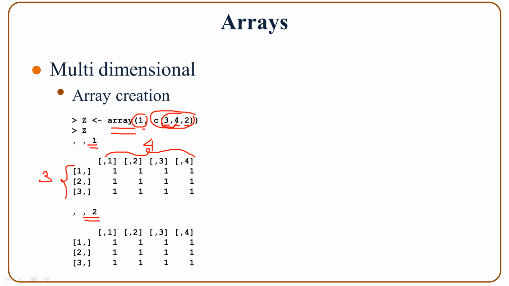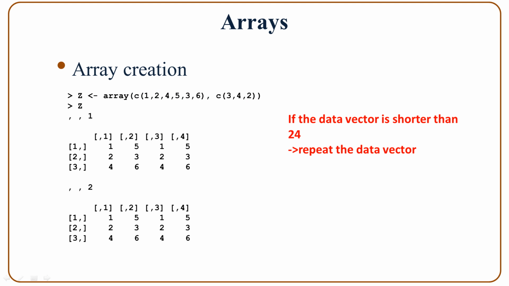In the second example, you give array a different kind of data. You give it a vector, and this vector contains 1, 2, 4, 5, 3, 6. So basically 6 elements. So as you can see in the result, you have 6 elements here, right? 1, 2, 4, and then 5, 3, 6.